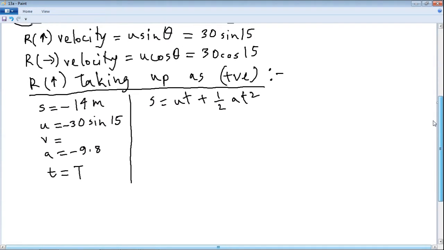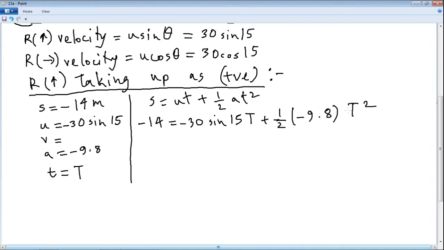So let us substitute the values. S is minus 14, u is minus 30 sine 15, t plus half times minus 9.8 t squared.